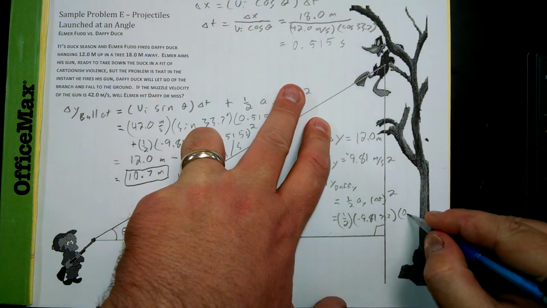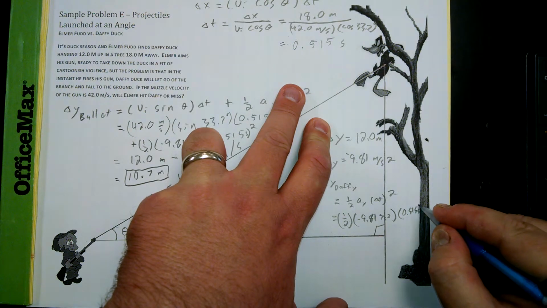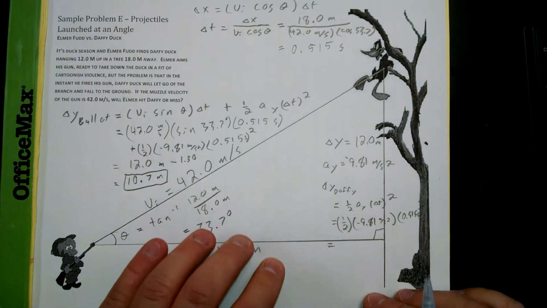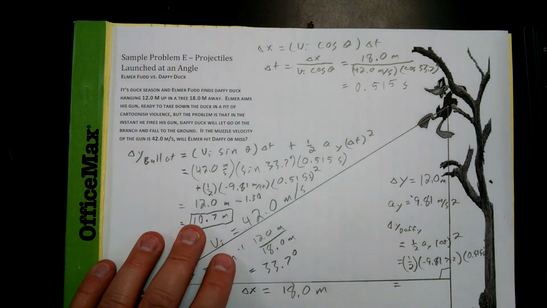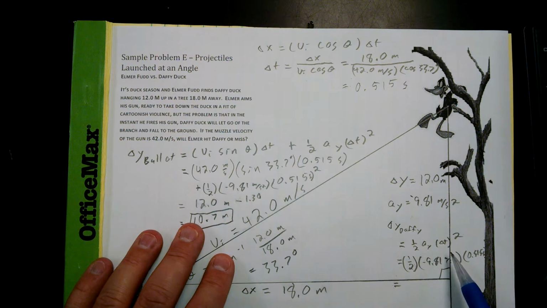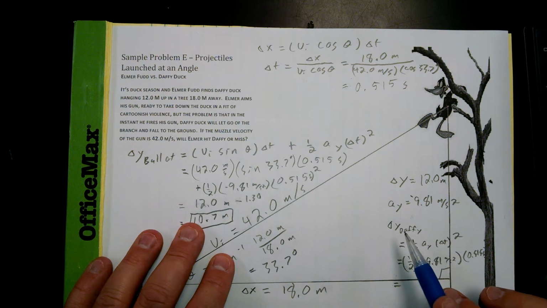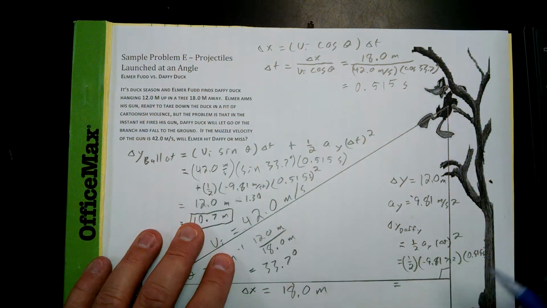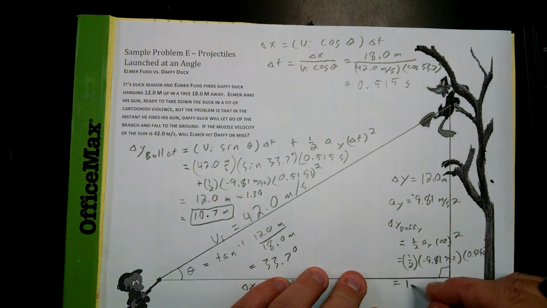That is 0.515 seconds squared. And I'm not sure if I even have to put that in the calculator because we already see from here that this part of the equation for Daffy dropping is the exact same as the second half of the equation, and we're going to end up with 1.30 meters.